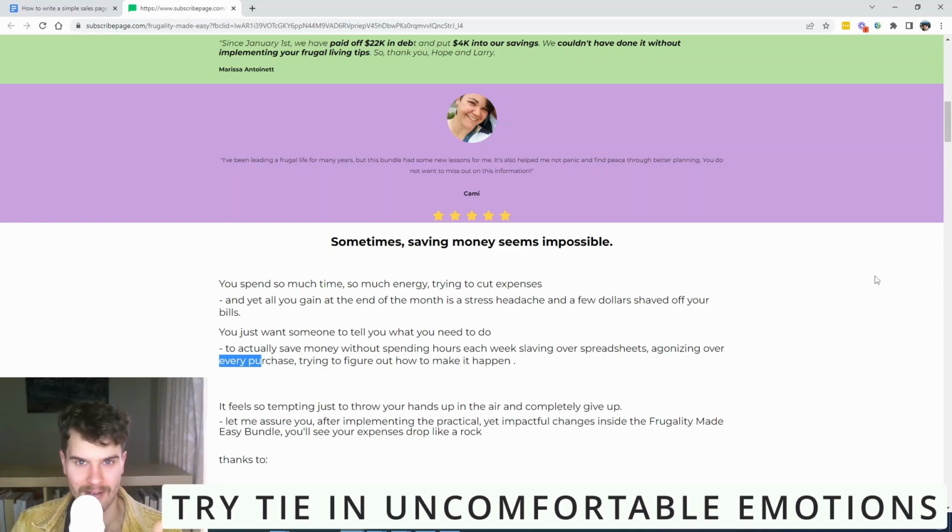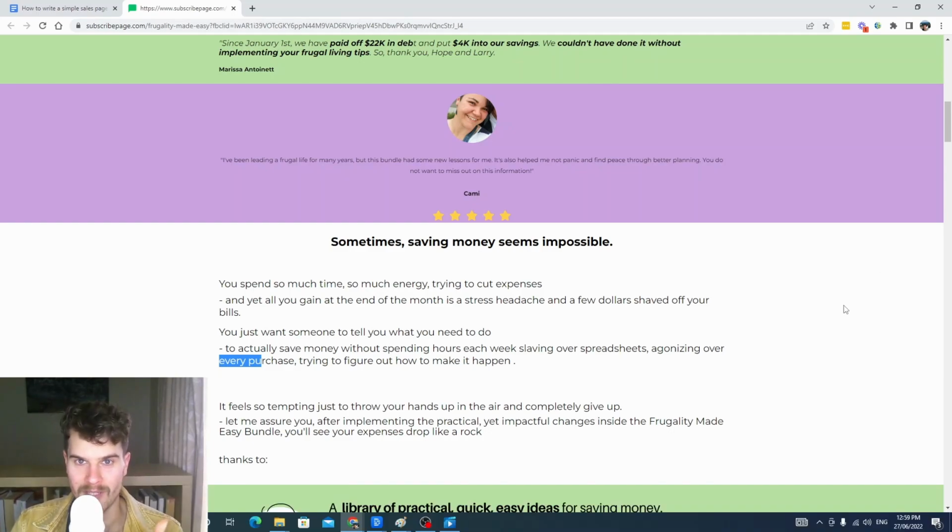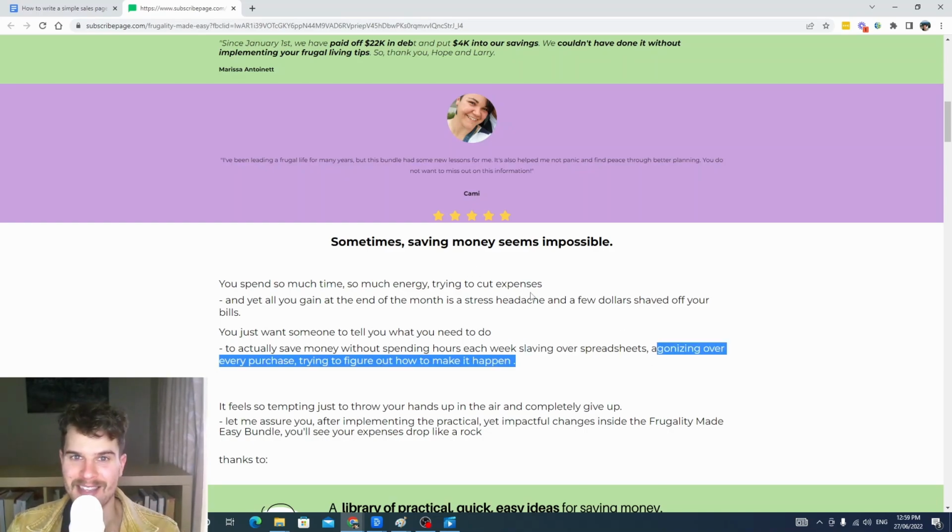So bringing in heaps of different angles here, like envy, guilt, jealousy, all these things that people associate with being broke, but are wanting to save money or wanting to be on a budget. They don't want to be in that awkward social situation. Rather than saying spreadsheets are annoying or agonizing over every purchase is annoying, ask what's the consequence of that? And that's what I would definitely bring up in this section here.